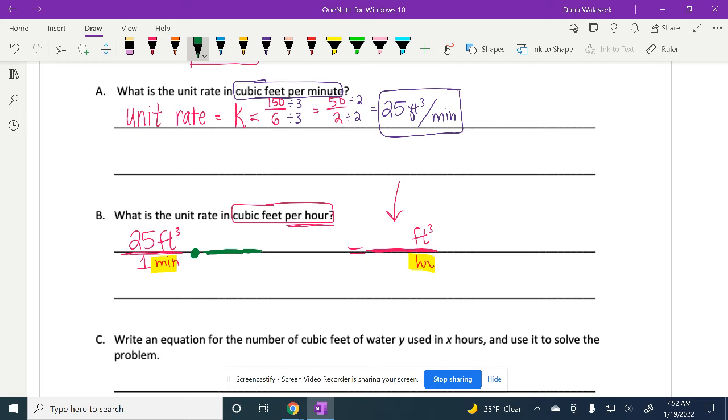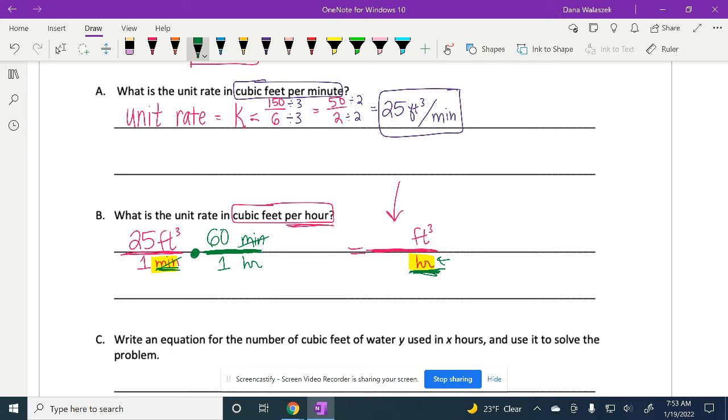So if I'm trying to go from minutes into hours, I need my minutes to go away, so minutes are going to go on the top so that they cancel each other out, and hours on the bottom, which is a good sign because I have hours on the bottom over here as well. So now I need to think about how many minutes and how many hours are the same. So 60 minutes, 1 hour.